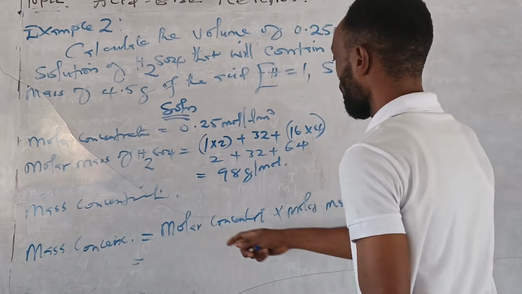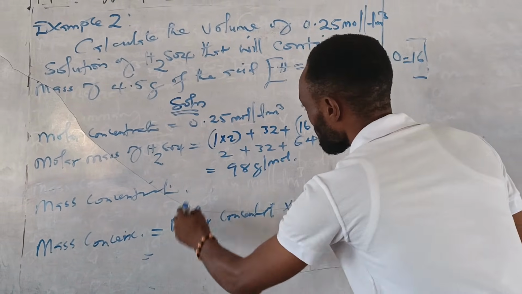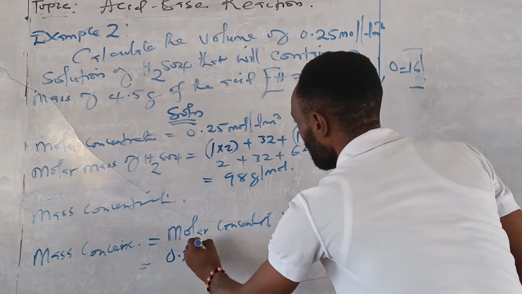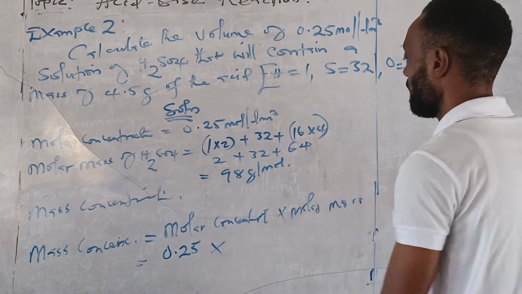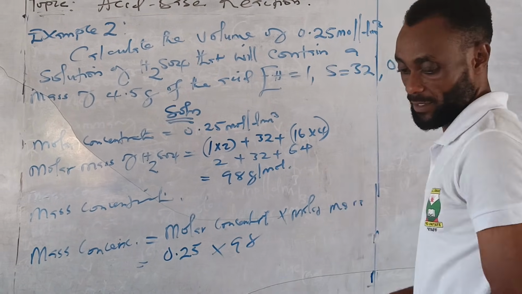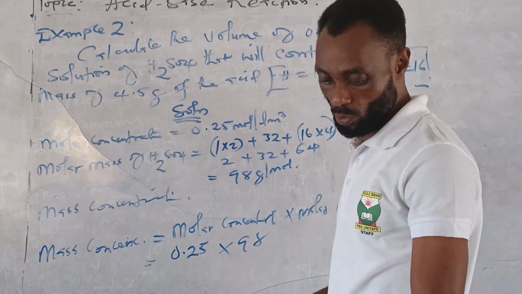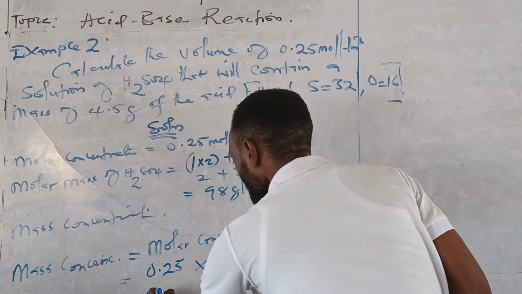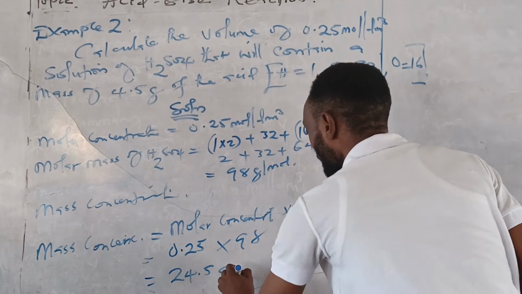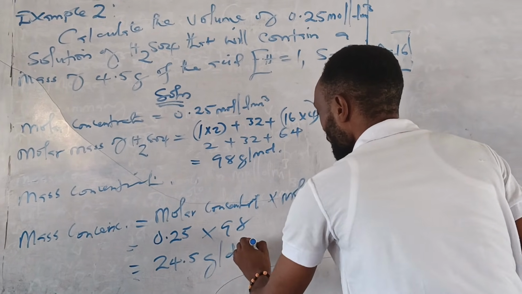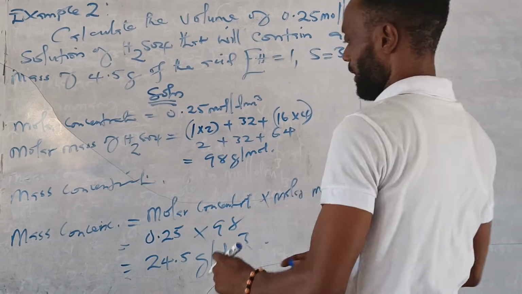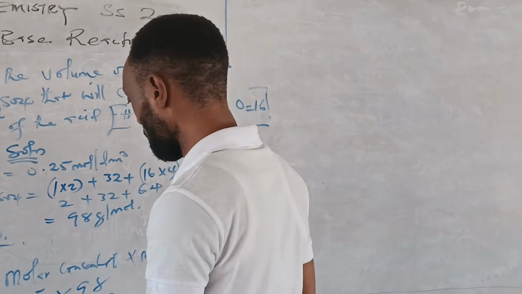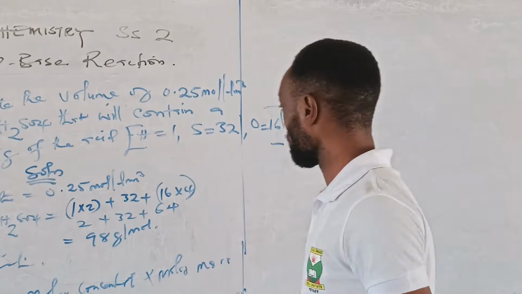Doing that, we have 0.25 multiplied by the molar mass, 98. So when you punch your calculator, you are going to have 24.5 gram per dm cube. That is not all.